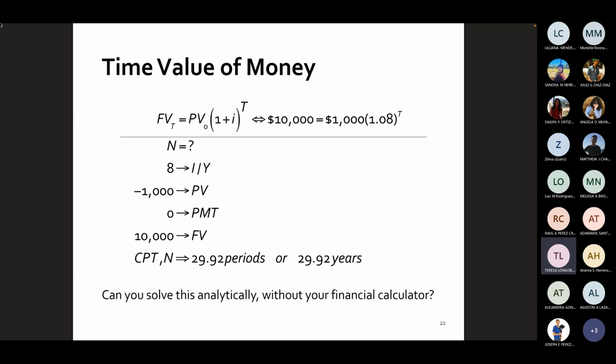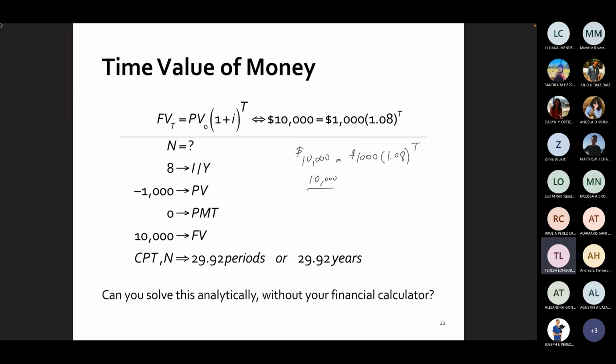Now, can you solve this algebraically, analytically? So let's do that on the side here. So it would be 10,000 equals 1,000. Now, you don't put the negatives and positives in the formula, right? Just for the calculator, you use those negatives and positives. So I need to cross multiply, and that will give me 10.